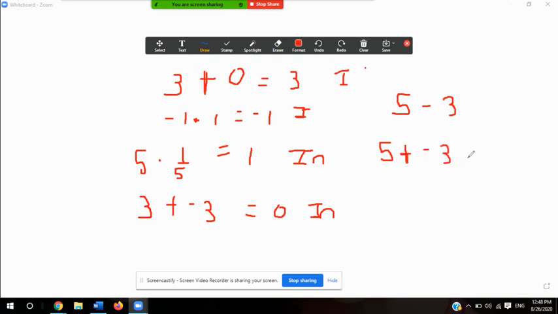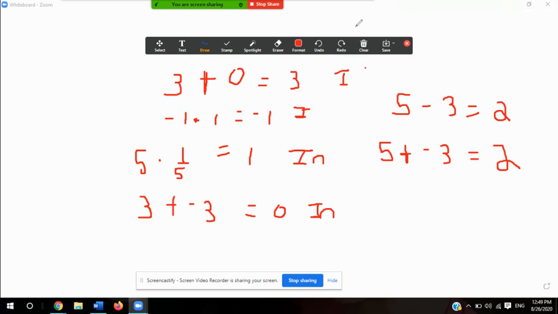Both of these problems would equal 2. So 5 minus 3 is actually the same thing as saying 5 plus negative 3.